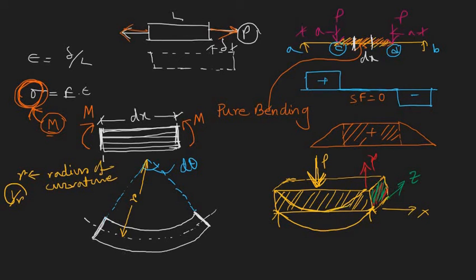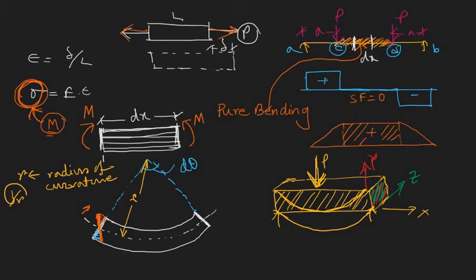Got it? So due to bending, what will happen? Some fibers have been contracted. Initially the line was like this, this was the face. Here you can see that above this dotted line all the fibers have shortened, but below this dotted line the fibers have been elongated.